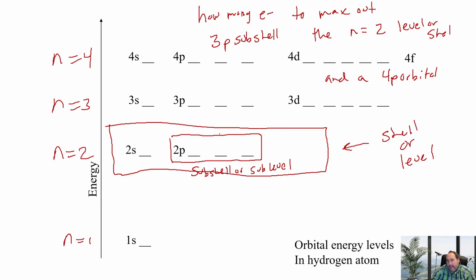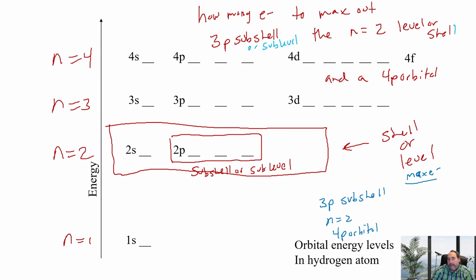So why don't you take a second and make sure you understand the terminology that is sometimes used here with these type of things. Answer those three questions. I want to know how many maximum electrons to fill a 3p subshell or sublevel, the n equals 2 level or shell, and a 4p orbital. So take a moment and see what you come up with here.